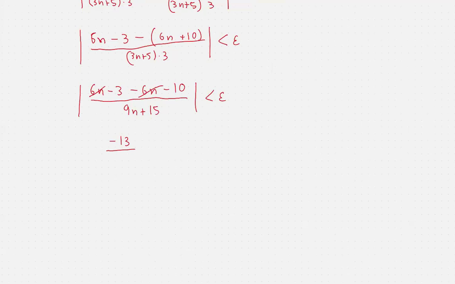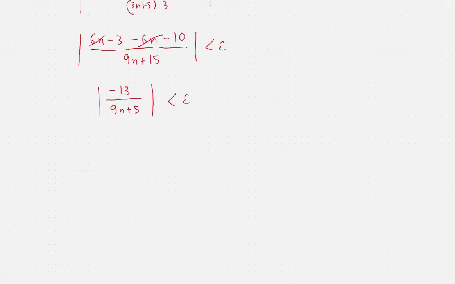Now, you can clearly see that the number that you have inside the absolute value is a negative number. So its absolute value is precisely the number that we get by omitting the negative sign on the top. So this will be 13 over 9n + 15, there was a 15 here, being less than epsilon. And now we want to isolate n. So what do we do? We flip both sides, both fractions.